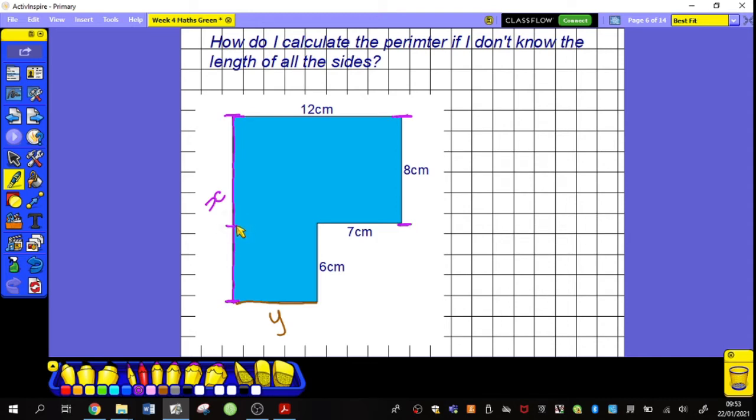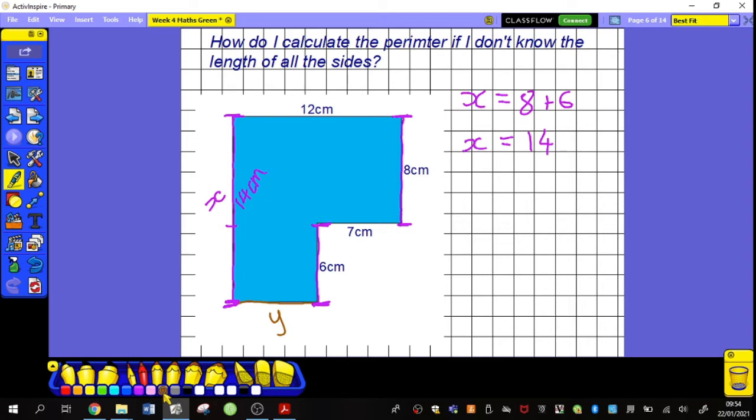If I then want to get from the same place all the way down to the end, which is this bit down here, then that's going to be another 6. So I'm going to be doing 8 and 6, that's going to get me the whole of the pink side. So that missing X length is going to be the same as the 8 plus the 6, which must mean that the X length equals 14. Okay, so this one over here, 14 centimetres.